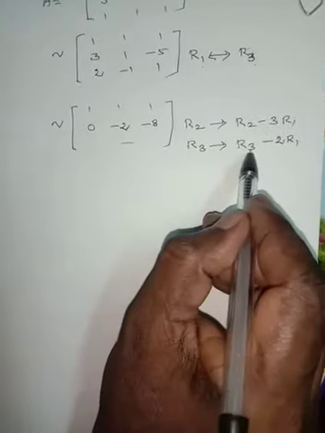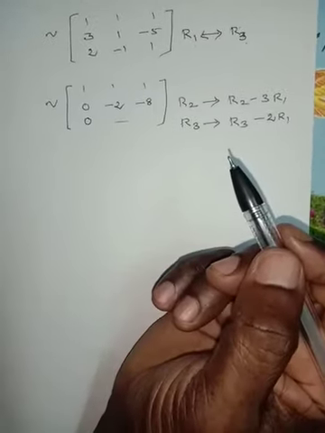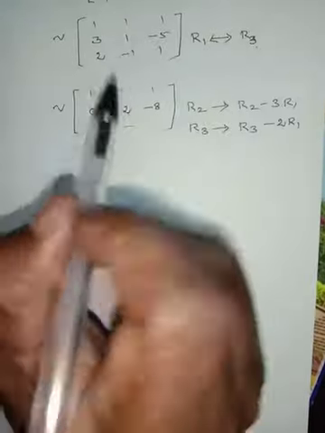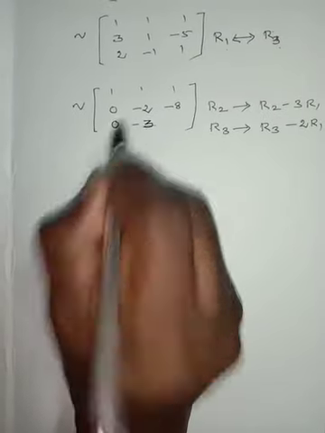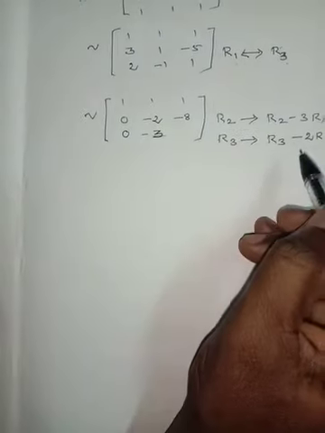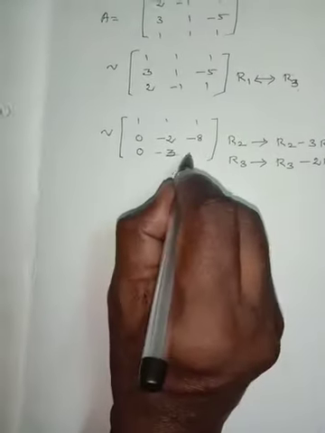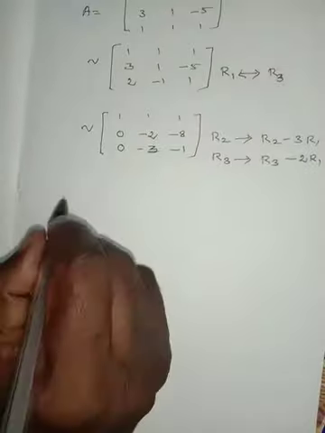Now new R3, 2 minus 2 is 0. Next, here 2 minus 1 minus 2 is minus 3. Next, here 2, 1 minus 2 is minus 1. 1 minus 2 is minus 1.